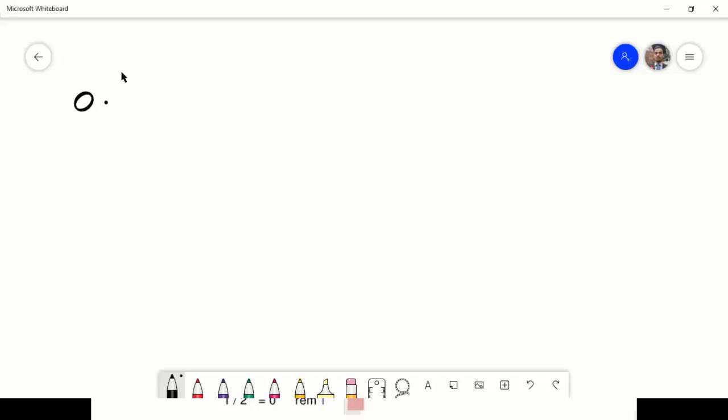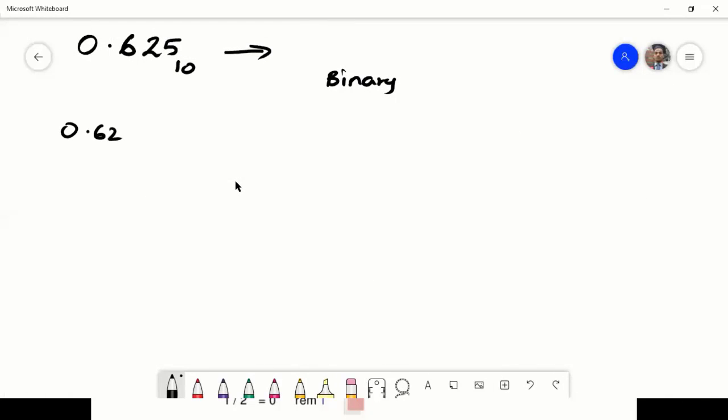So let me take this value 0.625 base 10. Now we want to convert this to binary. So what we have to do? We have to multiply this 0.625 into 2.